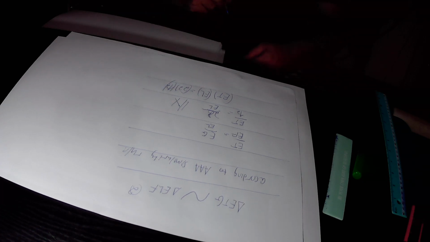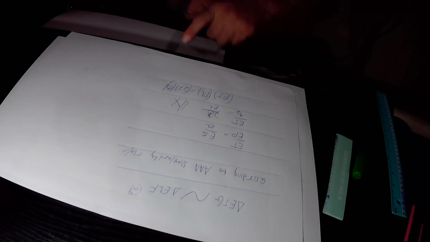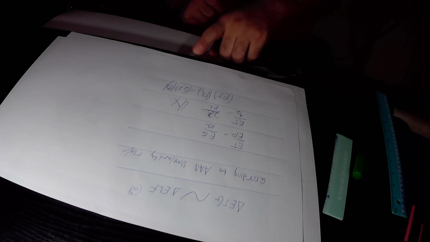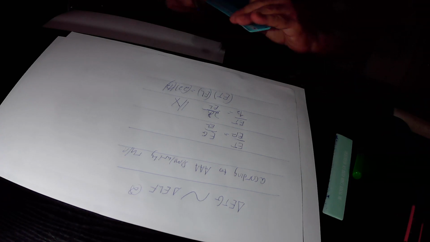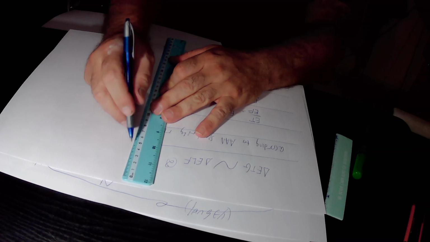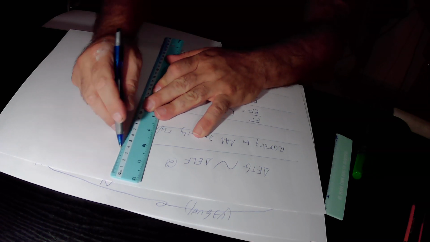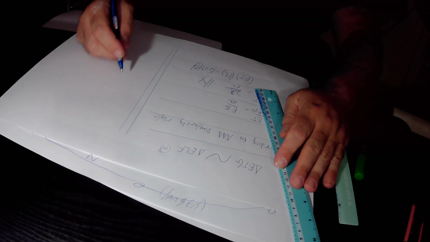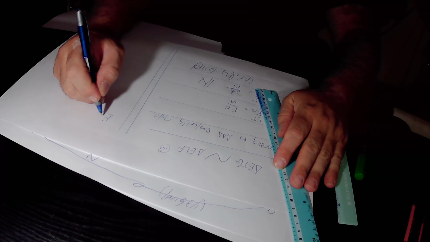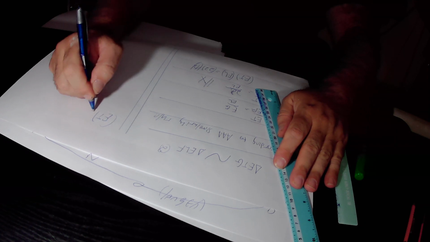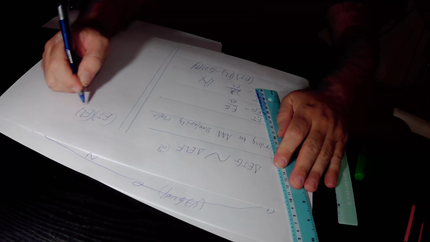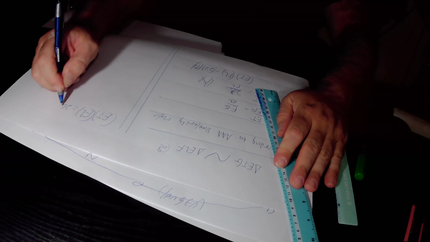Again, we found out that ET times EL equals 22 times 12. 22 times 12 is 264, so write it down. So we found out in total that ET times EL is equal to 264.